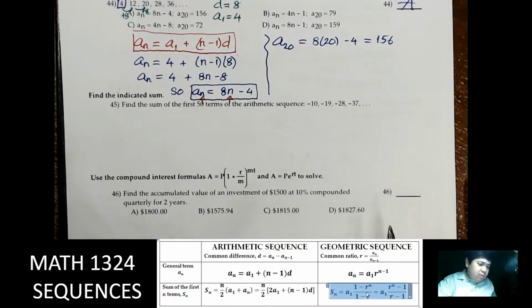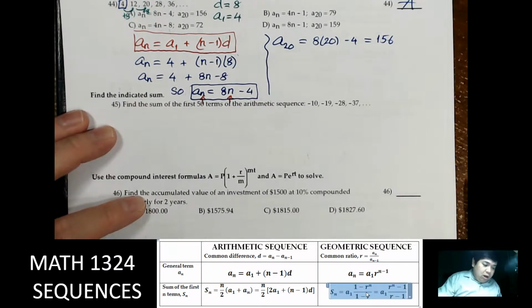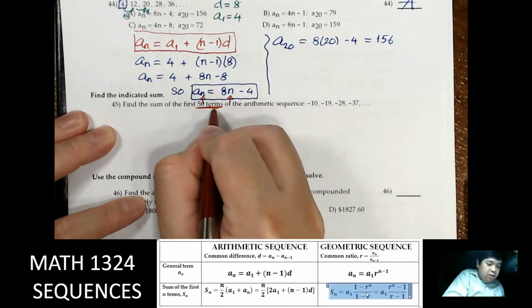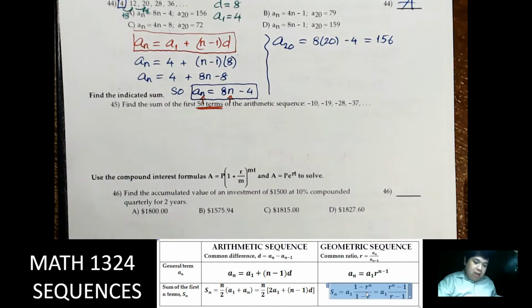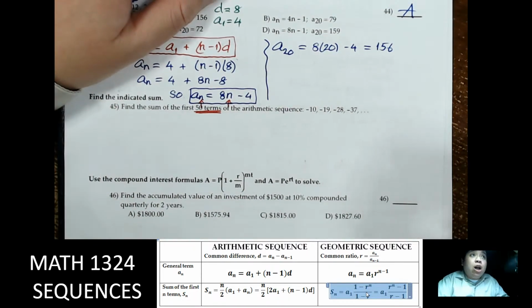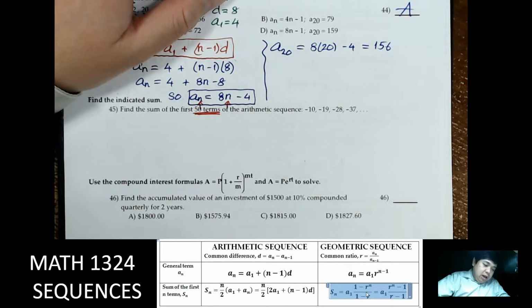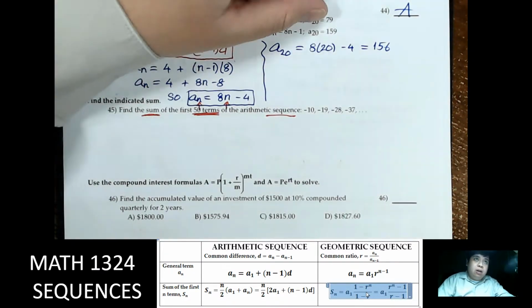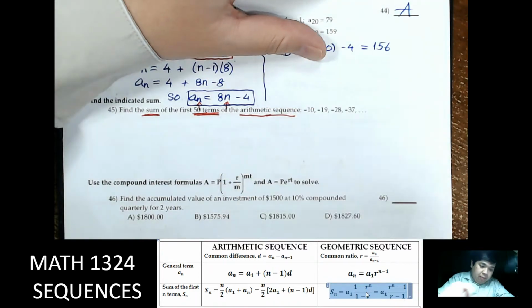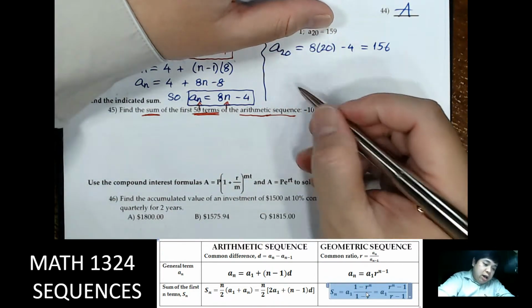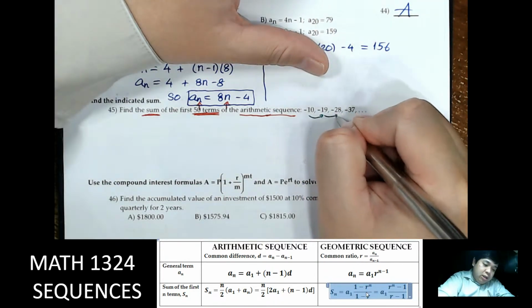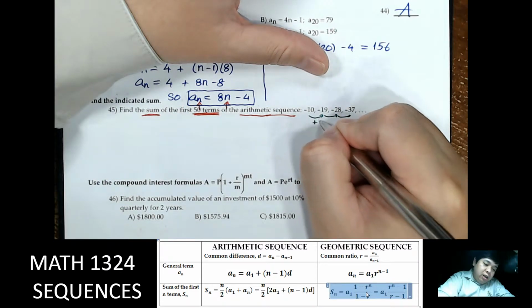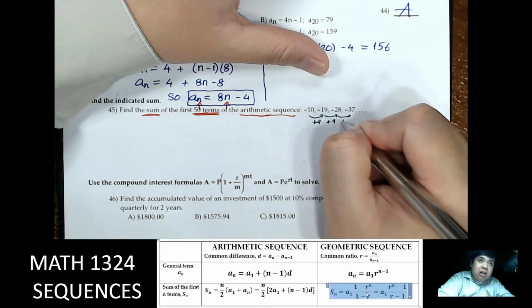45. So this one we want 50 terms. Alright. So 50 terms in an arithmetic sequence, and we add all of them up. First we know that what we need to do is go plus 9 to go from this term to the next.